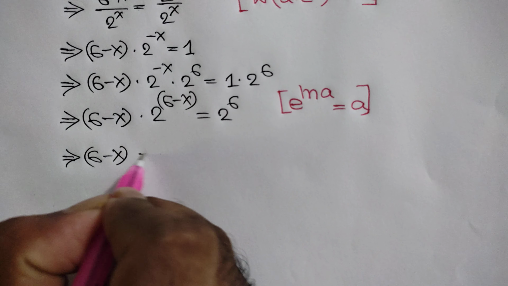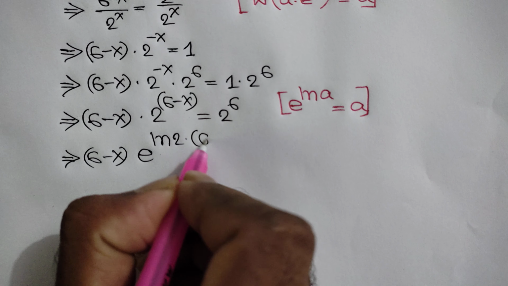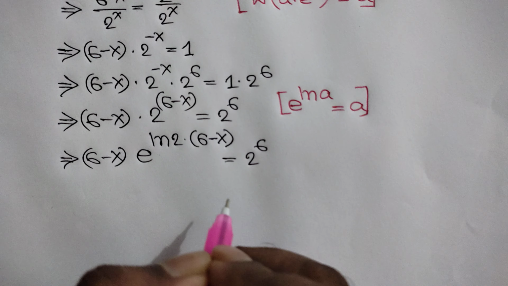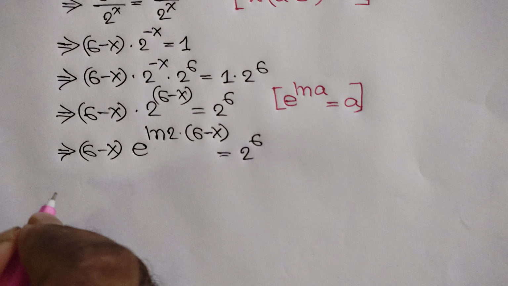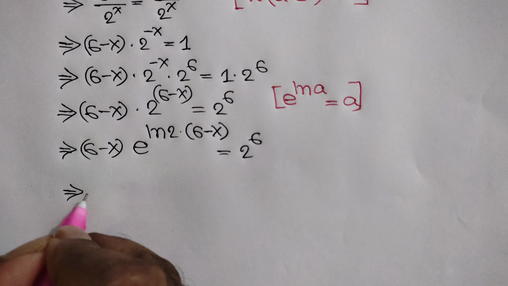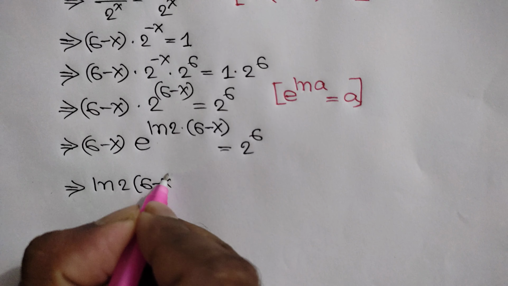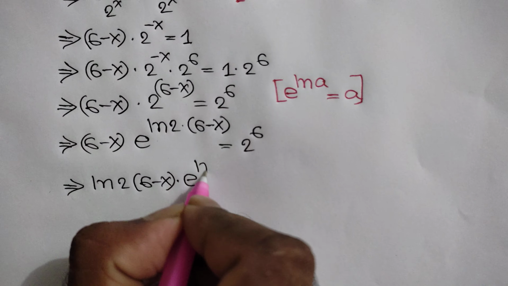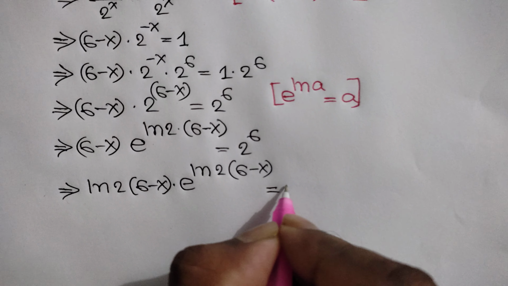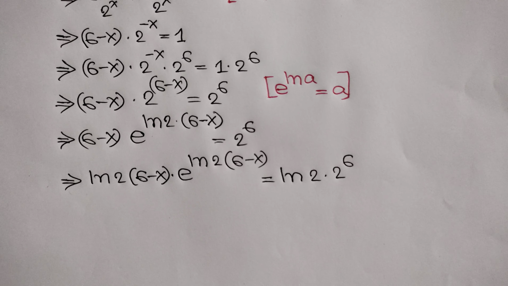Now we can write e to the power ln of 2 times 6 minus x is equal to 2 to the power 6. Multiplying both sides by ln of 2 we can write ln of 2 times 6 minus x times e to the power ln of 2 times 6 minus x is equal to ln of 2 times 2 to the power 6.